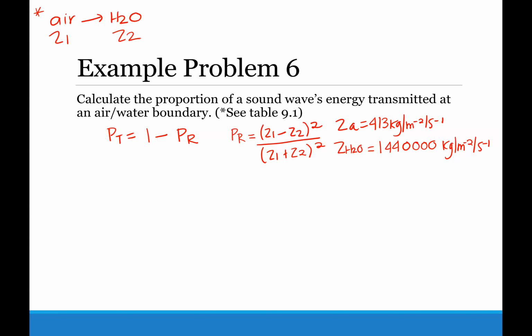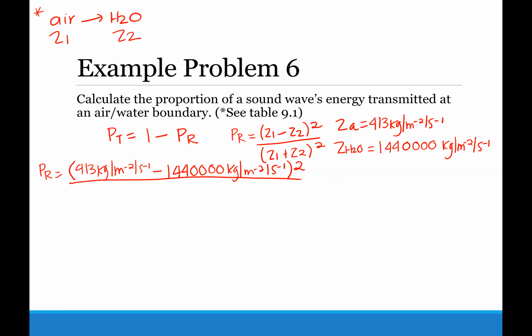So to put this all in the equation, PR equals 413 kilograms, meters minus 2, seconds minus 1, minus 1,440,000 kilograms, meters minus 2, seconds minus 1, squared, divided by, everything stays the same except that middle sign is a plus, not a minus.